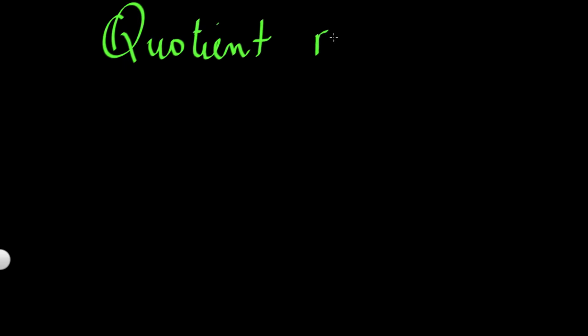So this is the last rule, the quotient rule. In mathematics, what we call a quotient is the answer that we get after dividing two things. So if we divide 10 by 5, the quotient is 2. So we have a quotient if we have a fraction.